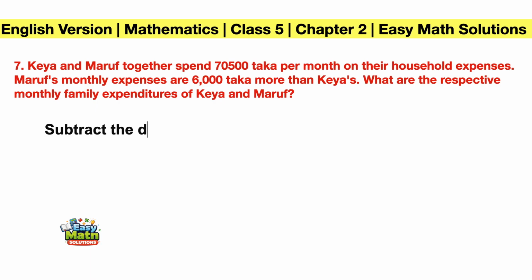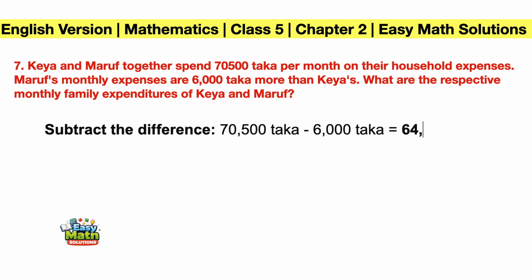Then subtract the difference from 70,500. So 70,500 minus 6,000 equal to 64,500 taka.